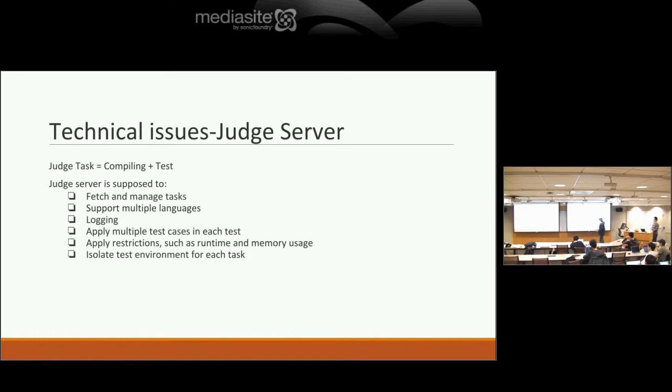This can be done by invoking existing compilers like GCC for C, G++ for C++, and Mono for C#. The server also features logging, can apply multiple test cases in each test, and can apply restrictions such as runtime and memory usage.